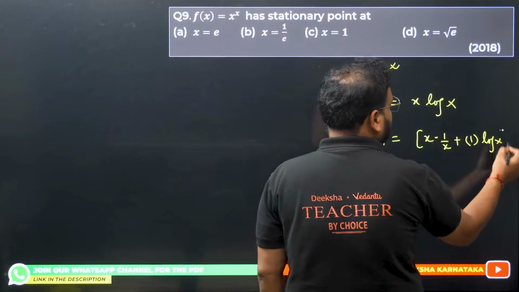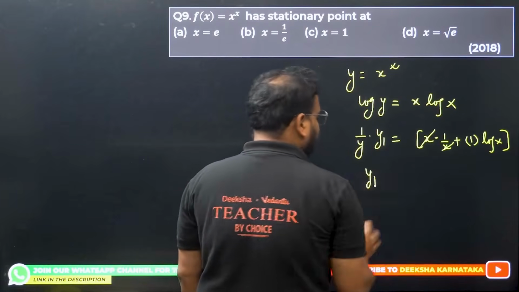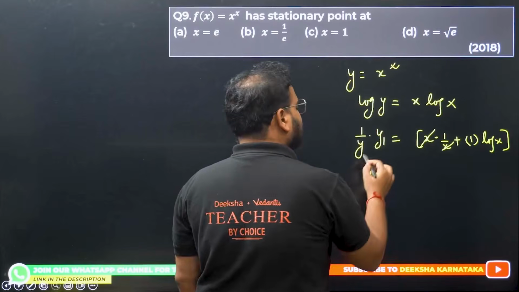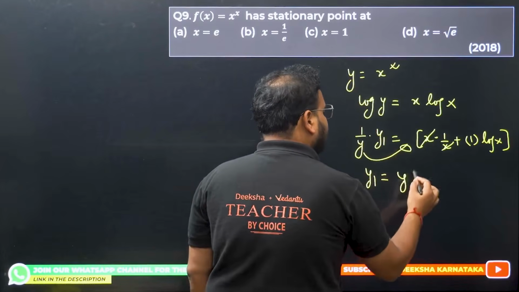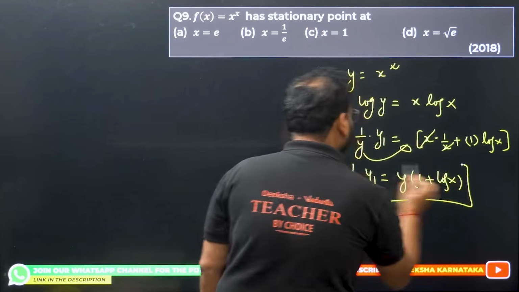So this x and x cancel. Now y1, which is the derivative, becomes y times of 1 plus log x. That's my derivative. That's my step number 1.